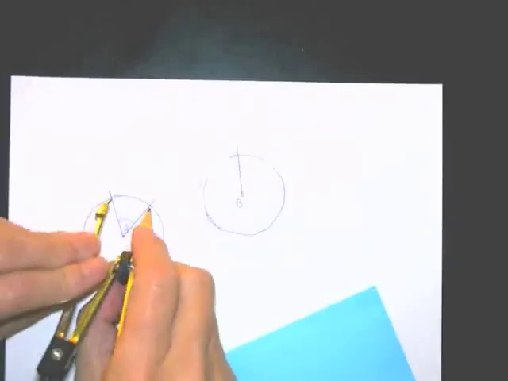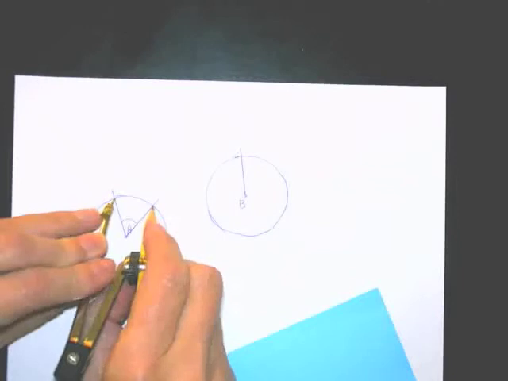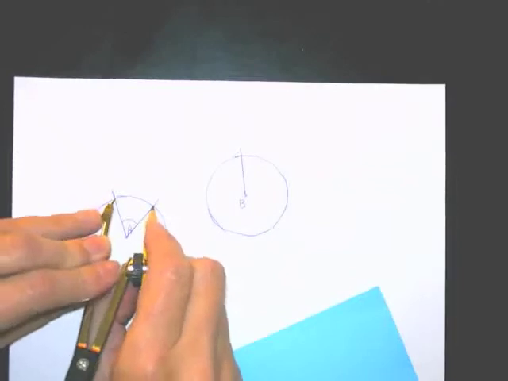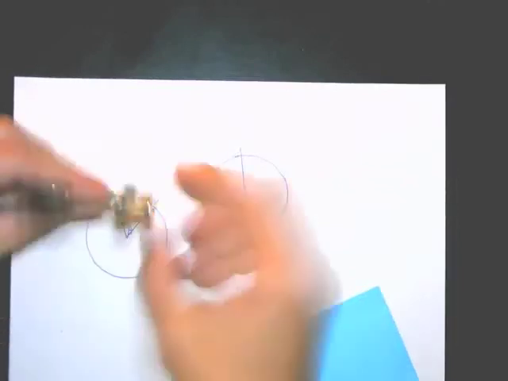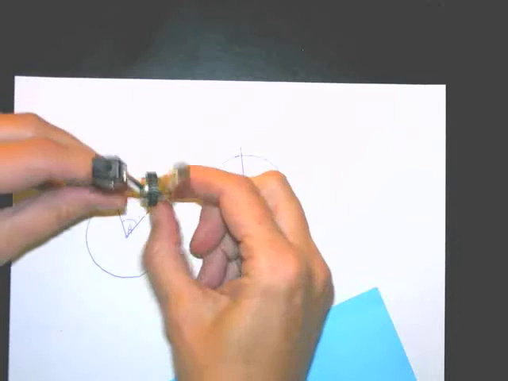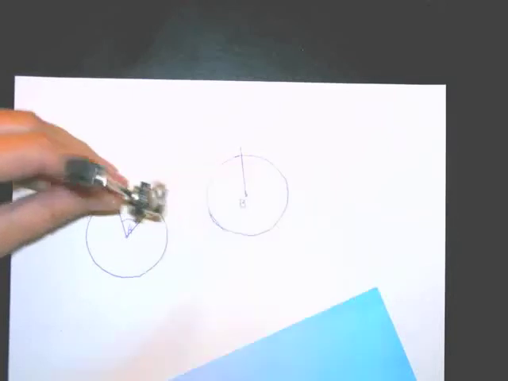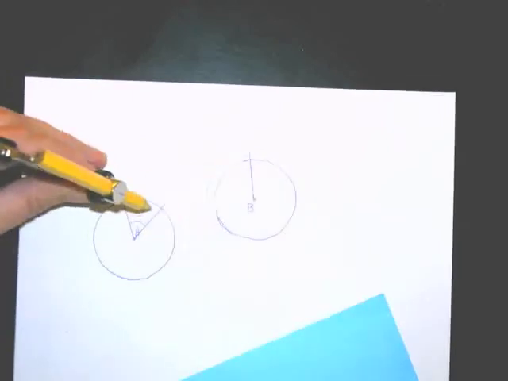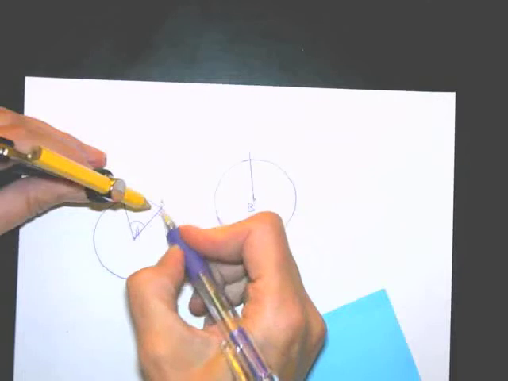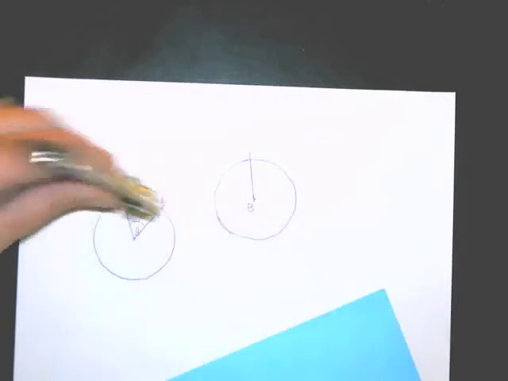In order to do that, I'm going to use my compass to measure the span across that arc in circle A, and make a little construction mark so that I know. I know it's really hard to see these construction marks, but I just made a little arc that looks like that with my compass.